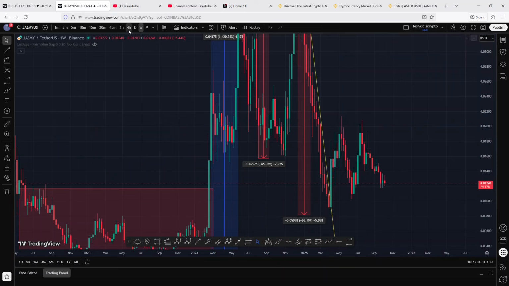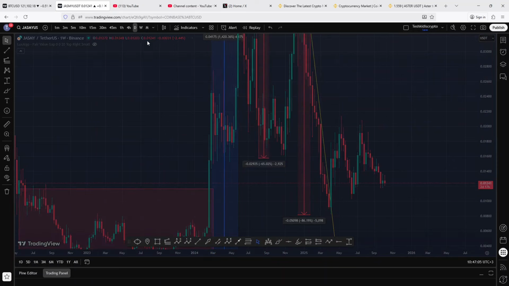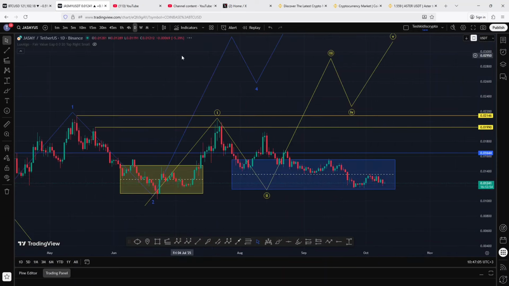So in case we get a reversal on the daily chart upon holding this key area of support, that will be a clear indication even on the daily chart that we are starting to gain that bullish momentum to continue pushing higher in the next coming days. So for now, all we need to pay attention to is this key area of support on the daily between the 0.01557 and the 0.01159.